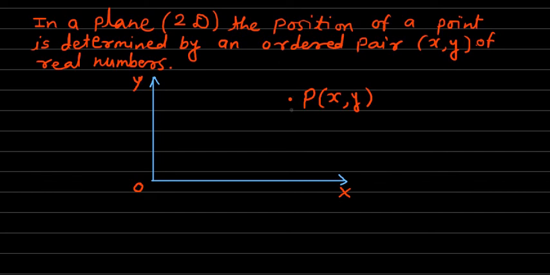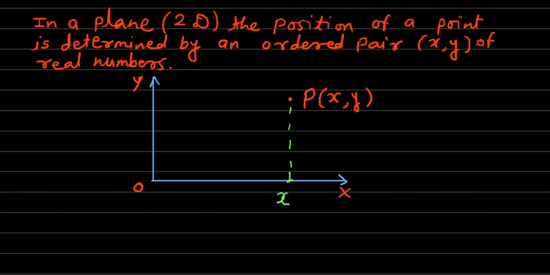For that purpose, if P is any point in the plane, suppose from that point P we draw a perpendicular on the x-axis. Then the foot of the perpendicular, this point here, will be x.